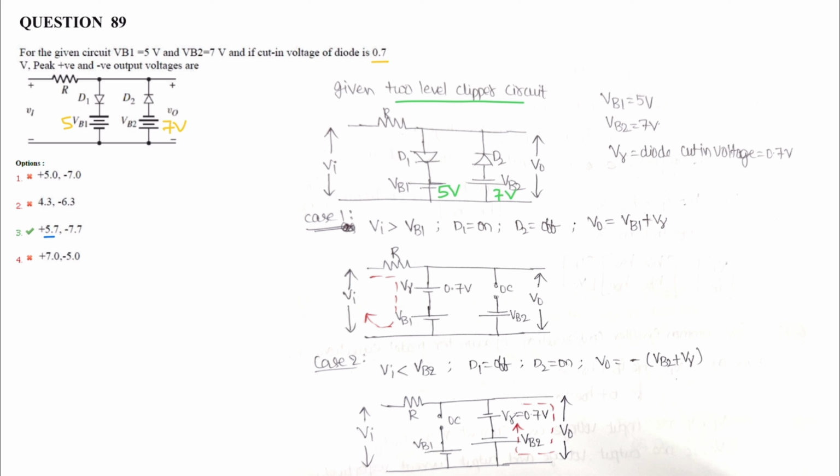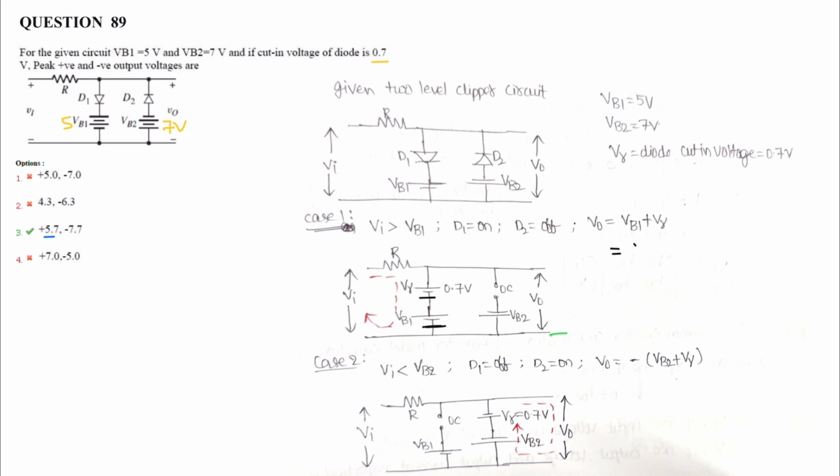Now let us see case 1. If Vi, this input voltage, is greater than VB1, then diode D1 is on, D2 is off. Diode D2 is off means it is an open circuit. Now the output voltage V0 is equal to VB1 plus V gamma.